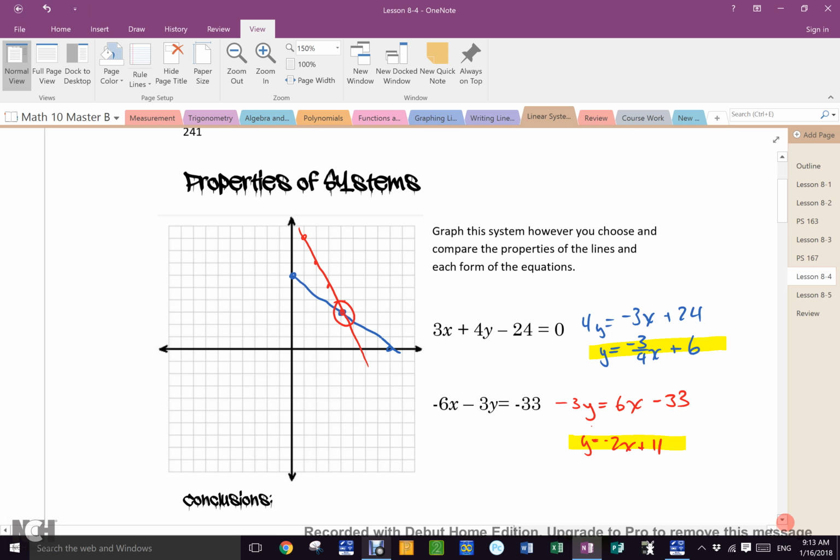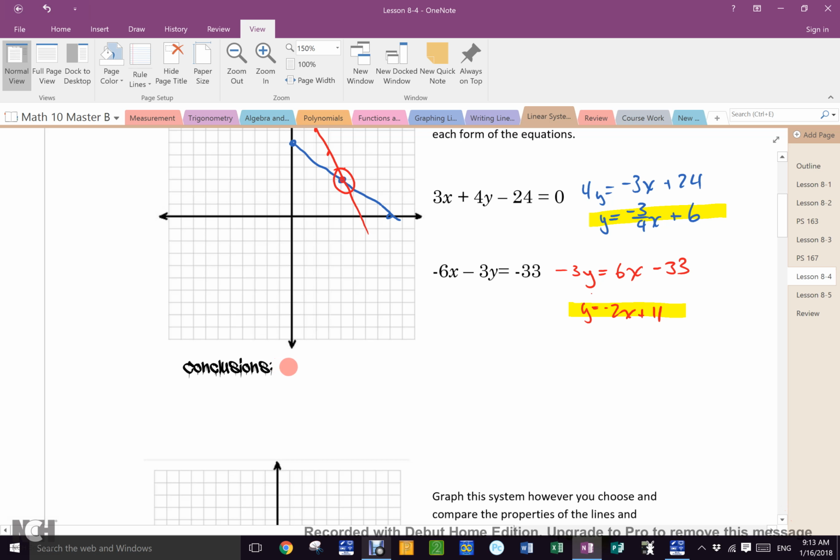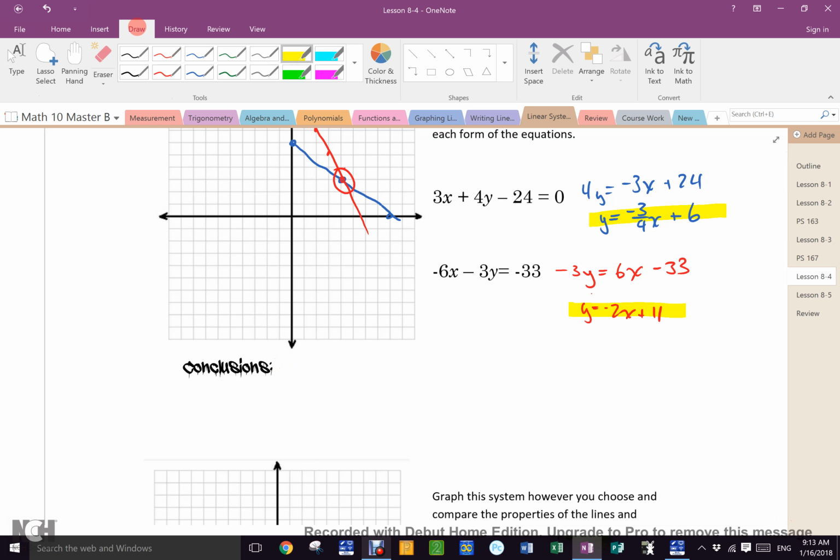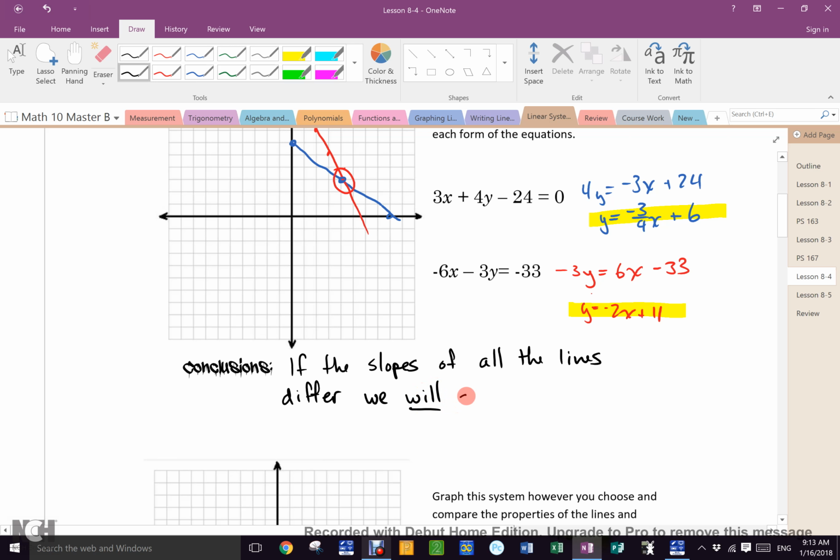So, we can make a conclusion. If the slopes of all the lines differ, we will get an intersection. And what does that mean?